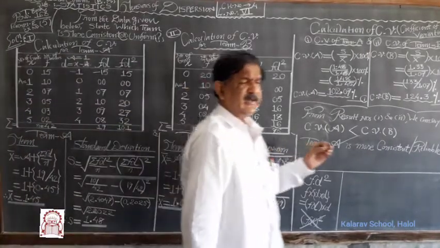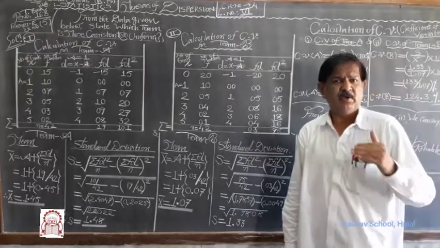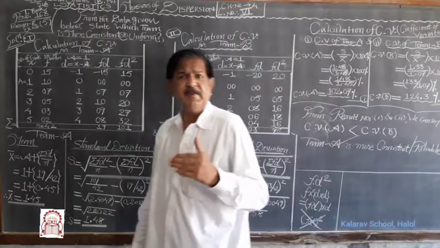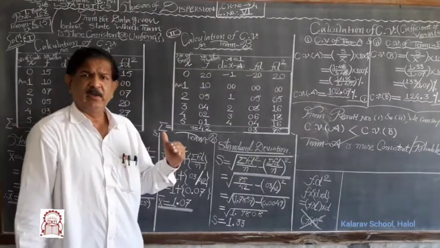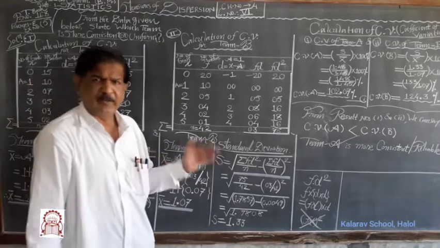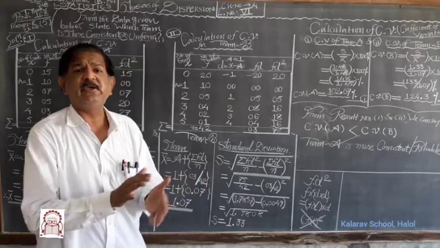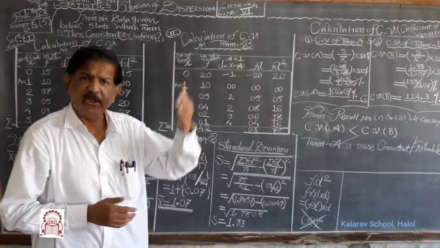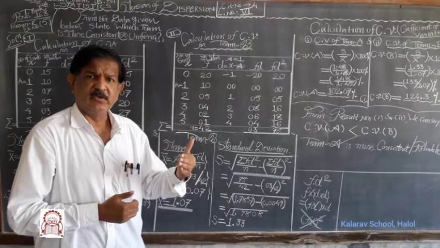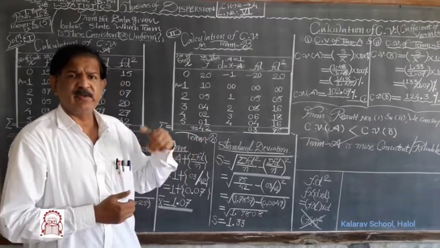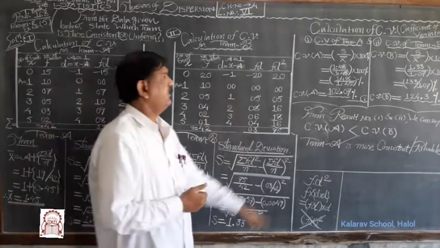See, this is the important measure. Measures of dispersion: range, QD, MD and SD. Standard deviation is one of the most important measures of dispersion, and with the help of SD and CV, one can compare 2 or more series. The series for which CV is less is said to be more consistent, more homogeneous, or more reliable.